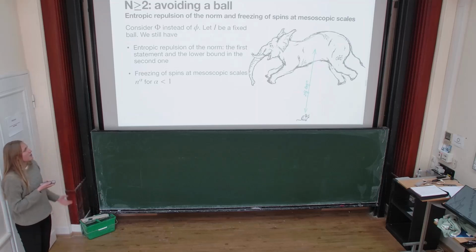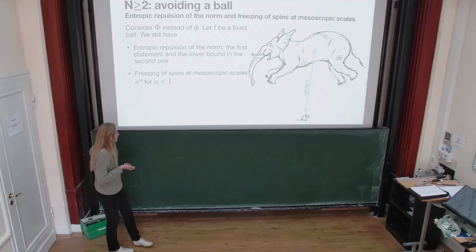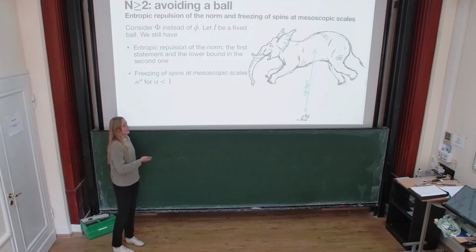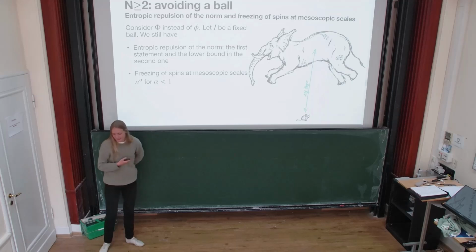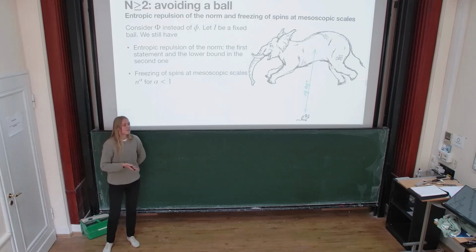Okay, but what was our original motivation? Our original motivation was to understand maybe spin models at low temperatures by looking at these objects. What this entropic repulsion tells us is basically that the typical point is already of order log n, meaning that the temperature at which we would be looking at the spin model is log squared n, which is like 2, and we've seen that there is freezing.